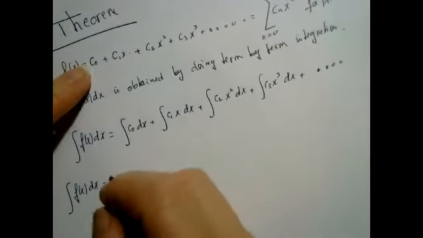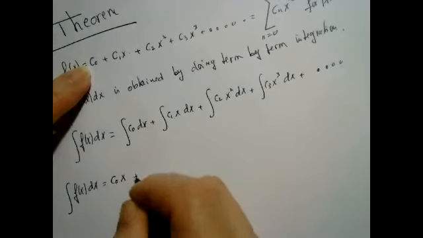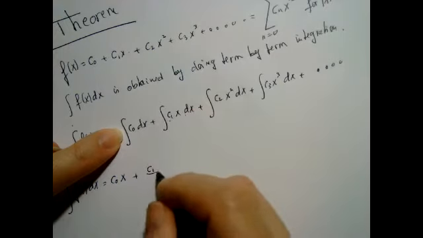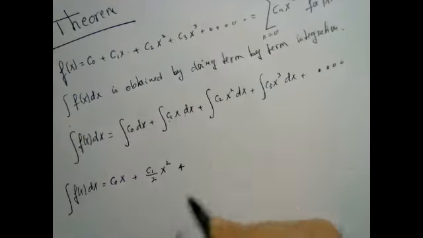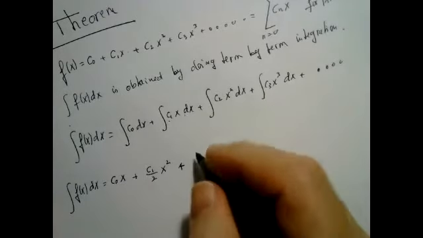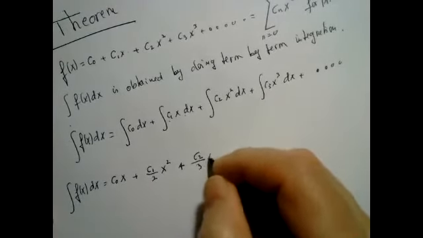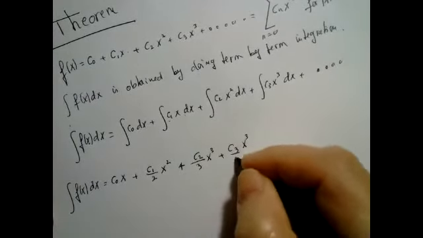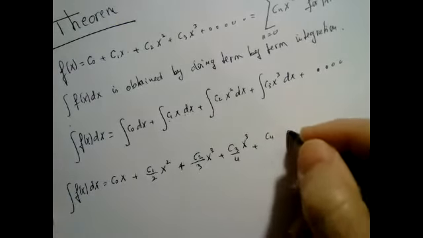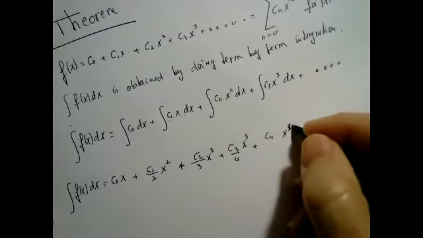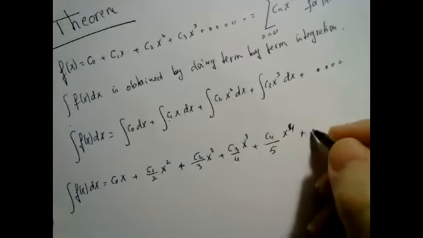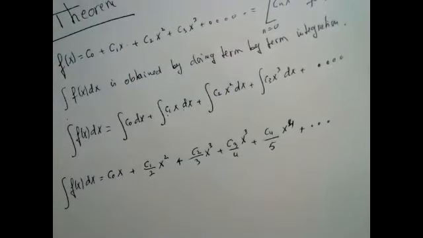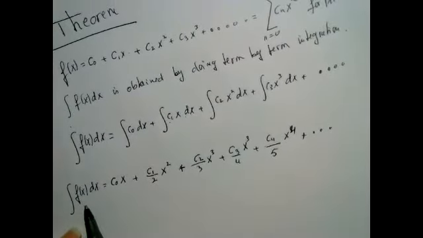It's going to be equal to c0x, because that's the antiderivative, plus c1 times half x squared, c1 being a constant, plus c2 x cubed over 3, plus c3 x to the fourth over 4, plus c4 x to the fifth over 5, plus so on. So if I know the power series of a function, I know immediately the power series of its antiderivative.